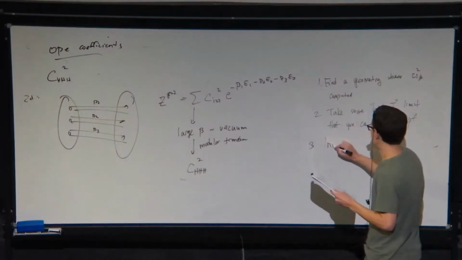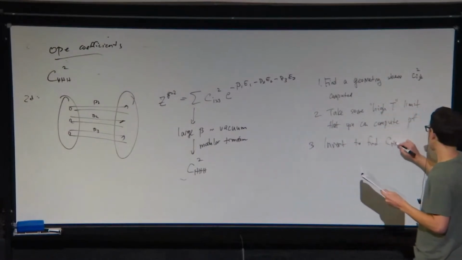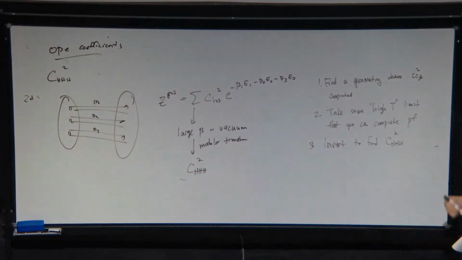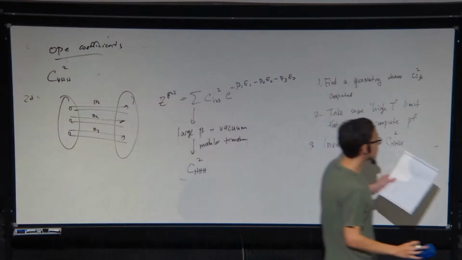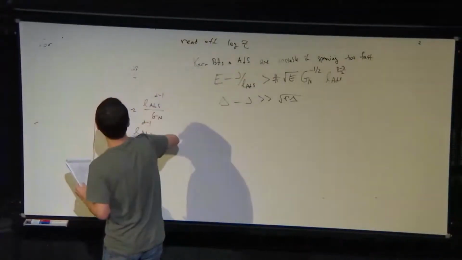And then you invert to find C heavy squared. The inverting may be non-trivial because you may need to invert some blocks. That's important, but it's a technical aside. We're just going to mimic this construction for higher D CFTs that we did for 2D CFTs.